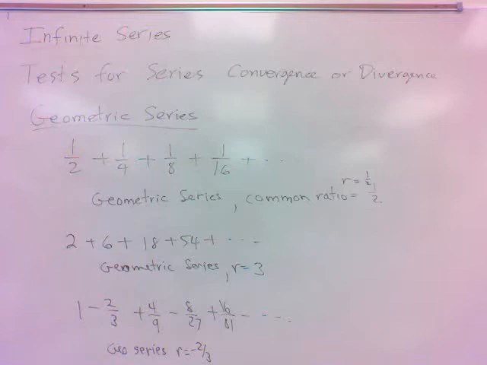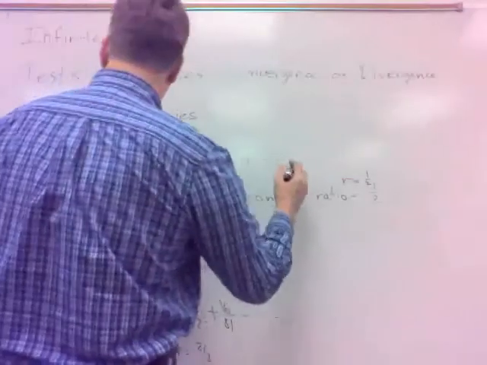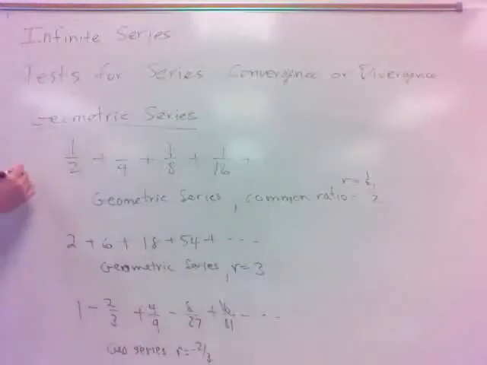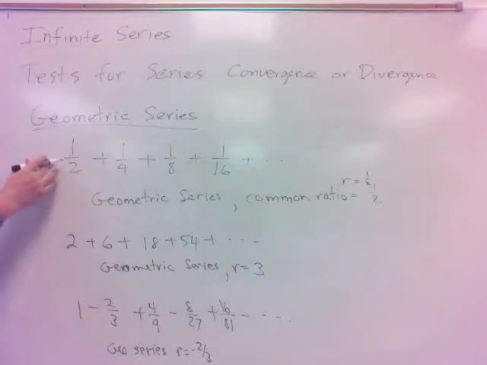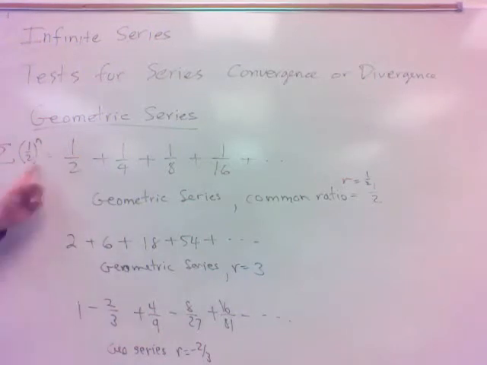Let me just back up here. This one is 1/2 to the n. This would be the series of 1/2 to the n, right? Because the first term is 1/2, second term is 1/4, so I could write it that way.